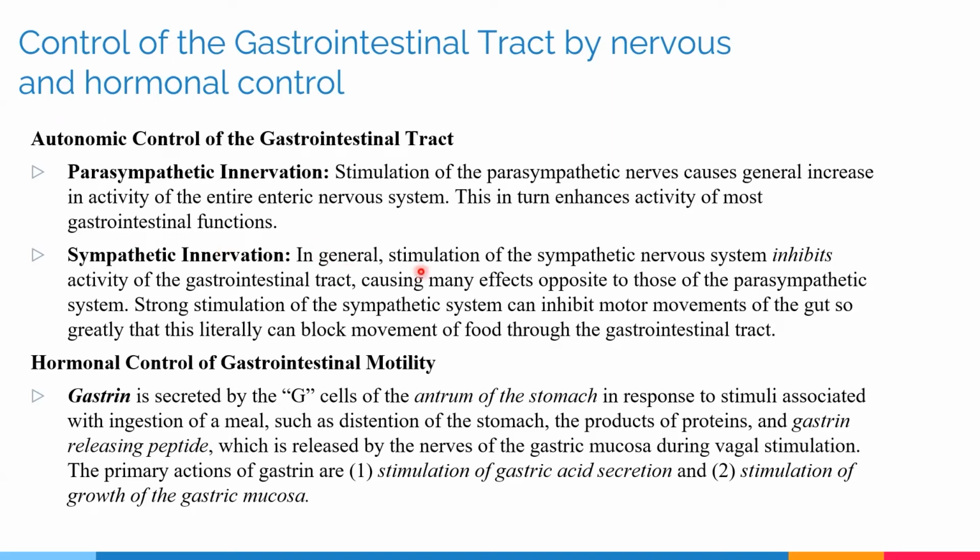In general, stimulation of the sympathetic nervous system inhibits activity of the gastrointestinal tract, causing many effects opposite to those of the parasympathetic system. Strong stimulation of the sympathetic system can inhibit motor movements of the gut so greatly that this literally can block movement of the food through the gastrointestinal tract.